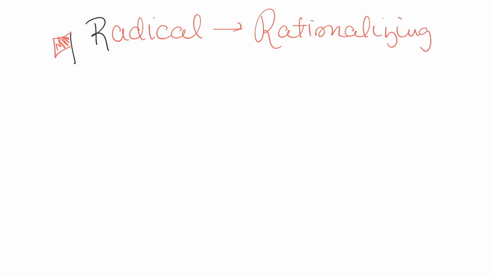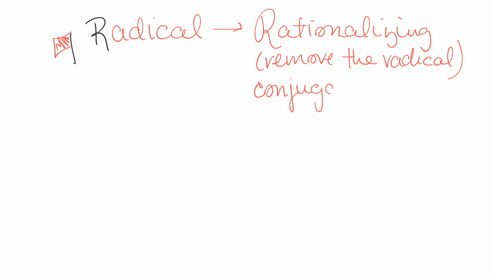Radicals lead to something we call rationalizing, which is when you essentially remove the radical, and in this case, it's going to allow us to simplify. Often we have to use the conjugate if you've got a binomial.